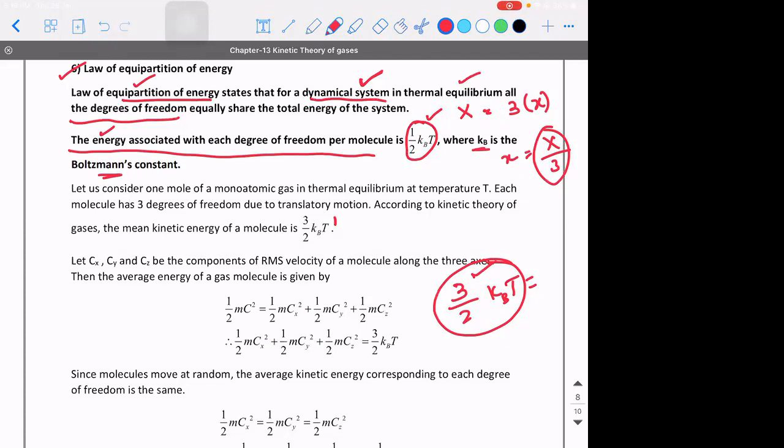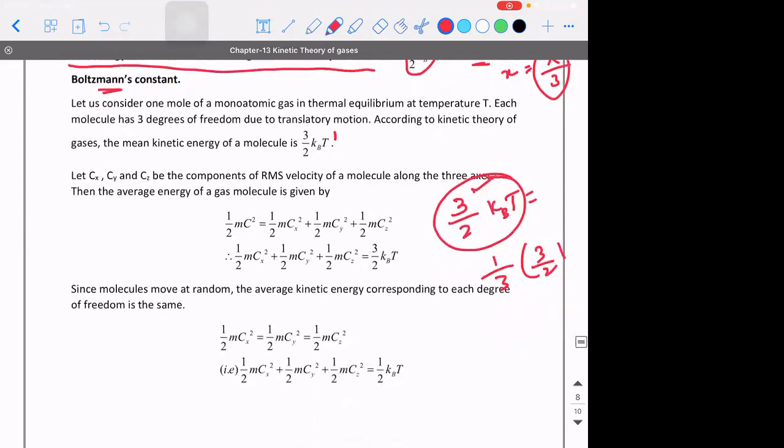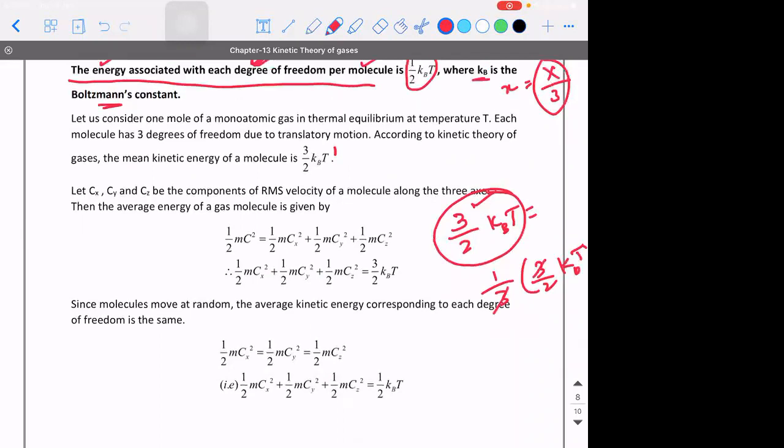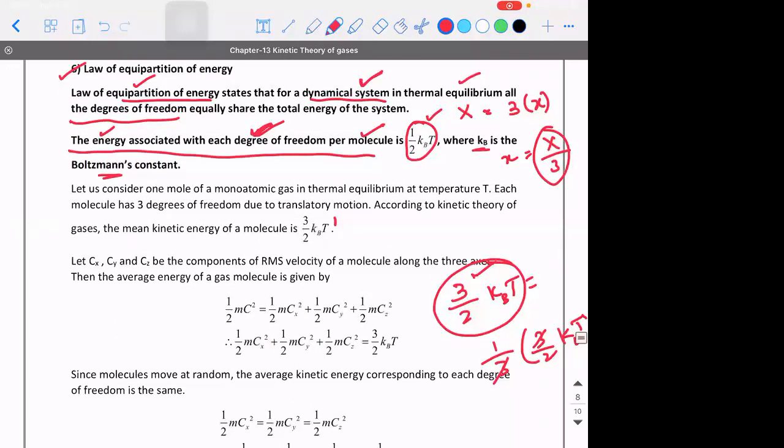So the energy associated with each degree of freedom per molecule is 1/3 of 3 by 2 into kb into T. So 3 and 3 get cancelled. That is why it is half into kb into T, where kb is the Boltzmann constant. That's what we are going to prove now.